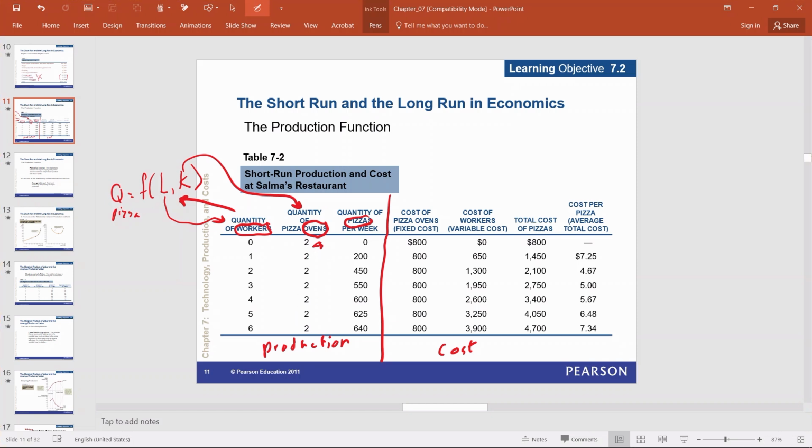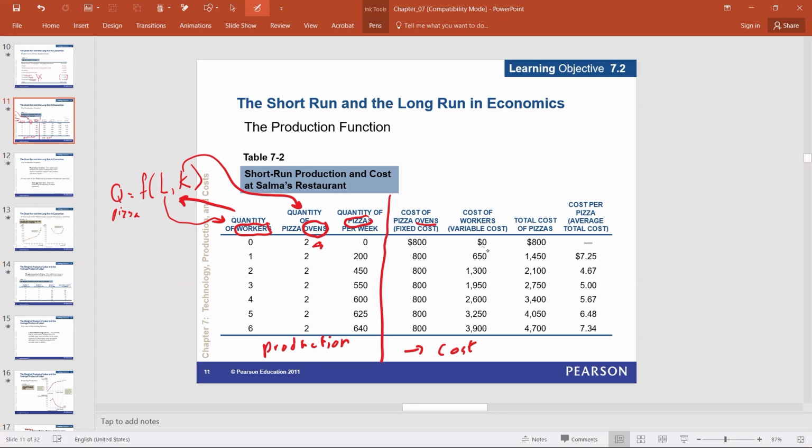Now we'll go to the cost side, and we see here ovens because they have two ovens. The cost of these two ovens is not changed over the production levels. So that's why it's fixed cost. They still have to pay this 800 whether they produce or they don't produce.